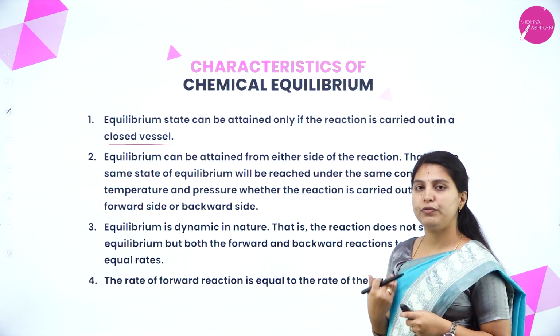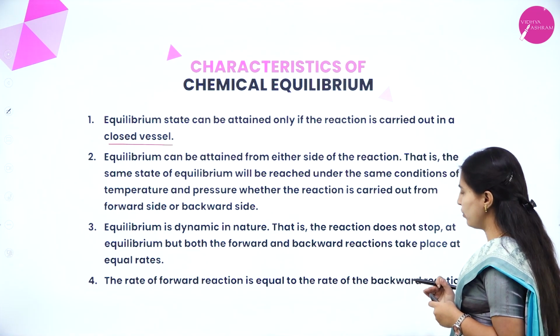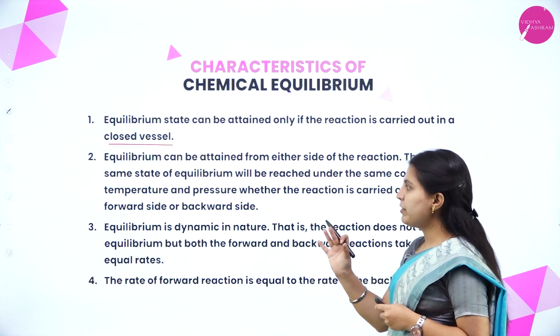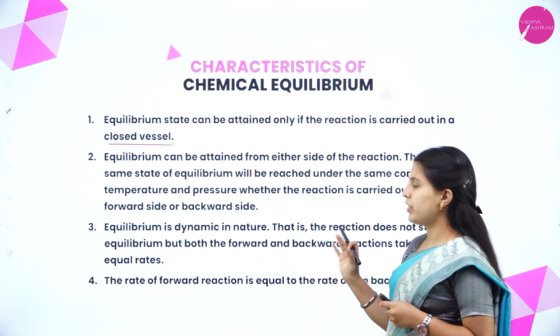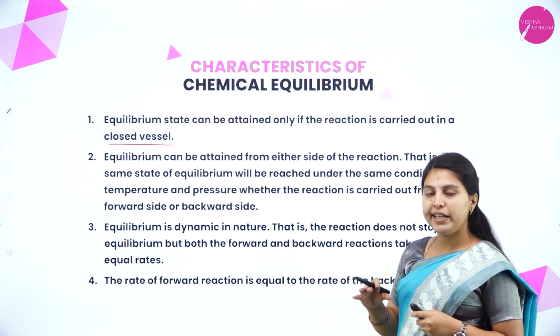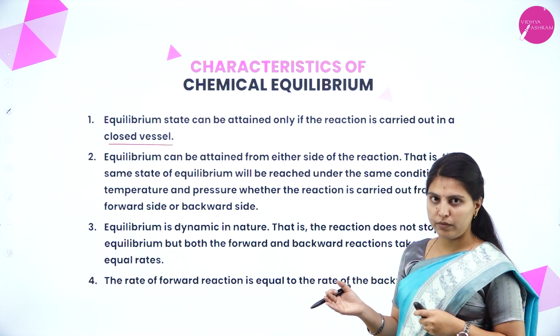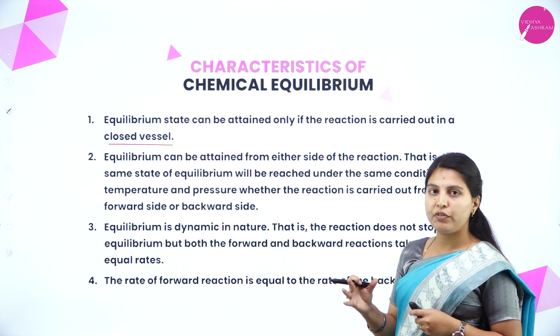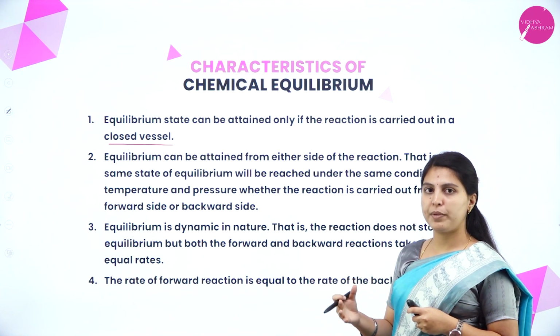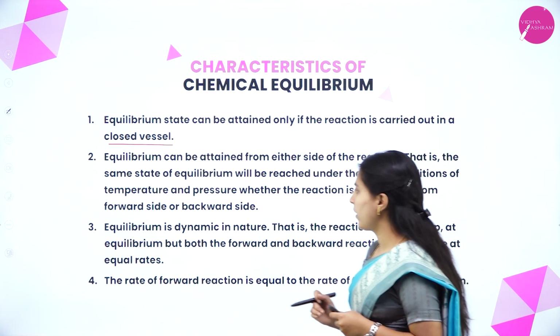Whether from the forward direction or the backward direction, the same state of equilibrium will be reached under the same conditions of temperature and pressure. After attaining equilibrium, the reactant side and the product side will be the same.